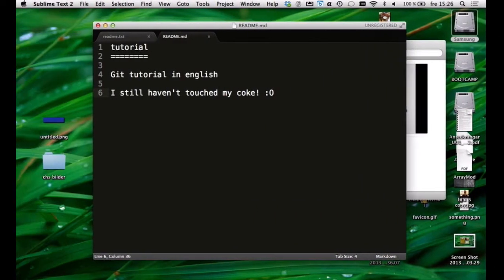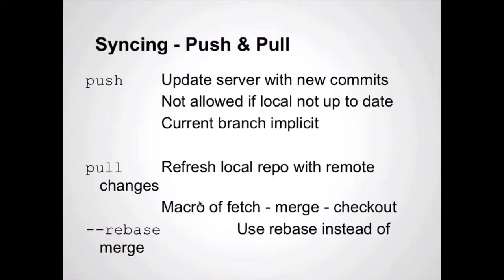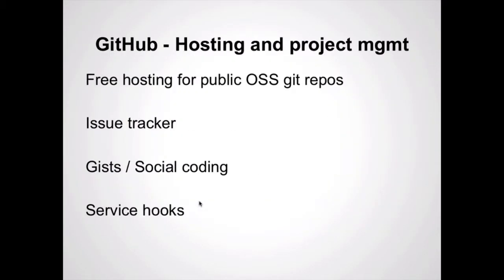So I think we don't have that much more to cover here. We have GitHub. That's a nice one. GitHub is the one who really helped Git become as big as it is now, because it really helped with the user interface and stuff like that.